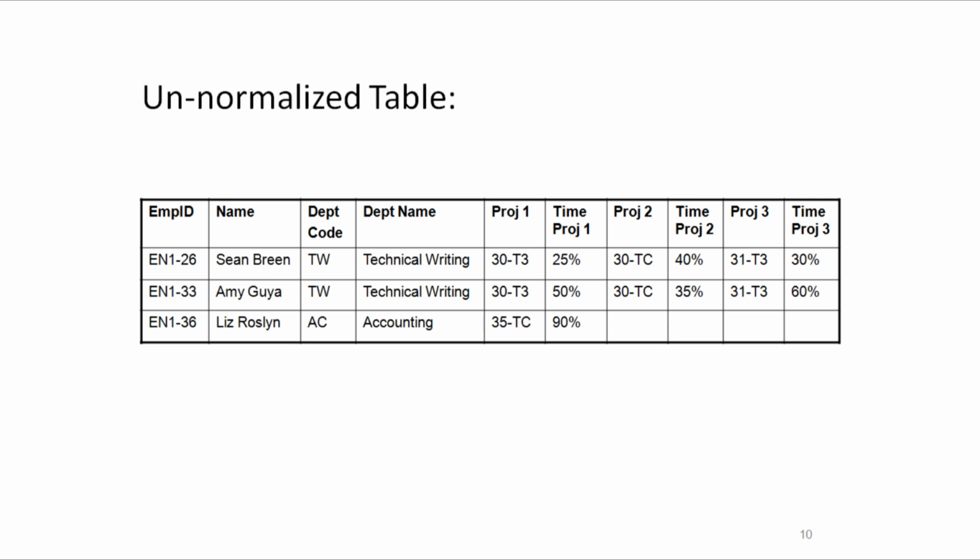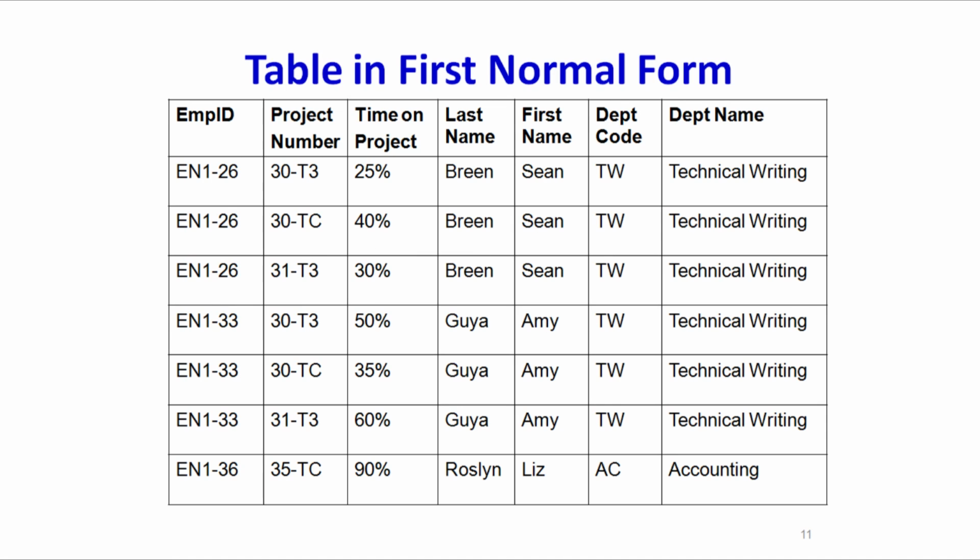Now, let us look at activity number 2. We've got an unnormalized table with employee details, department. We have employee ID, name, department code, department name, project number, time on project 1, project 2, time on project 2, project 3, and time on project 3.